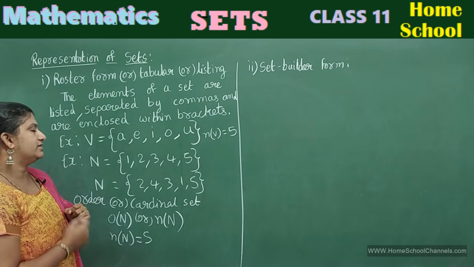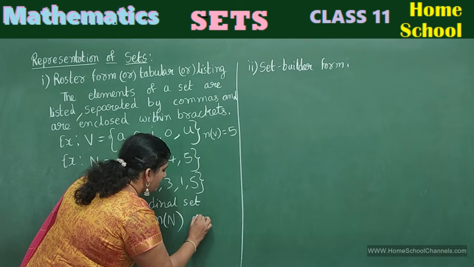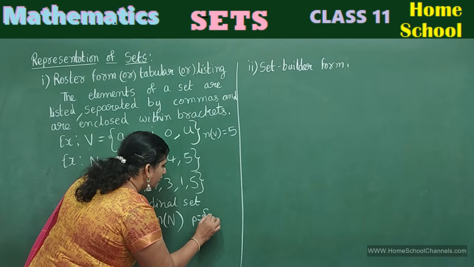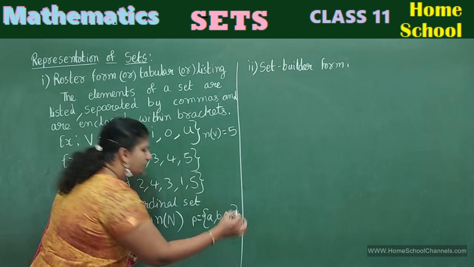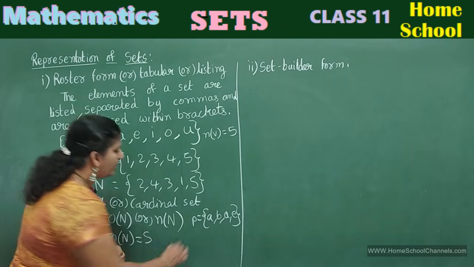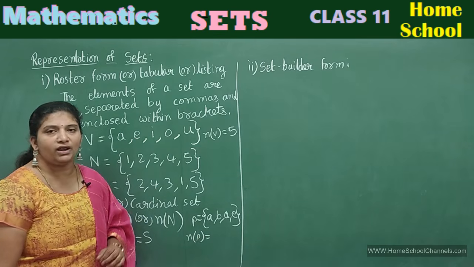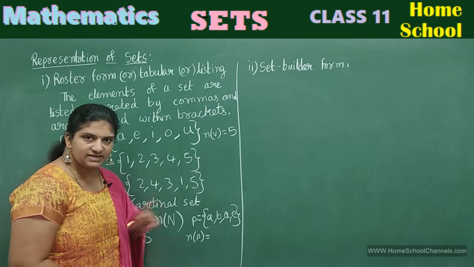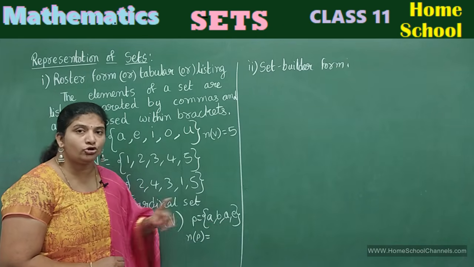Right? Next, suppose I give you a set like this. P is equal to A, B, A, E. So what is the cardinal number of the set here? n of P is equal to, I start counting 1, 2, 3, 4. No, you should not do that.